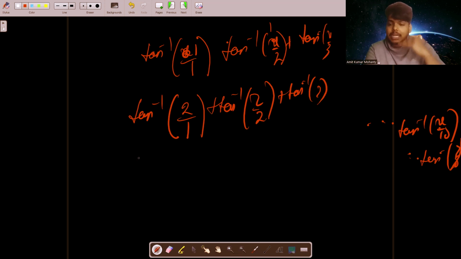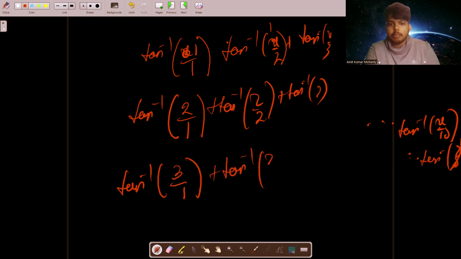Clear? Now, in the same particular way, there will be a total of 100 terms. So tan inverse, how much? 3 upon 1 plus tan inverse 3 upon 2. Now, in this particular situation, one thing that is understandable is, look into here. What is here? Tan inverse x by 3, or I can say, if I put x as 1, tan inverse 1 upon 3. Correct? And here what we have, tan inverse 3 upon 1.